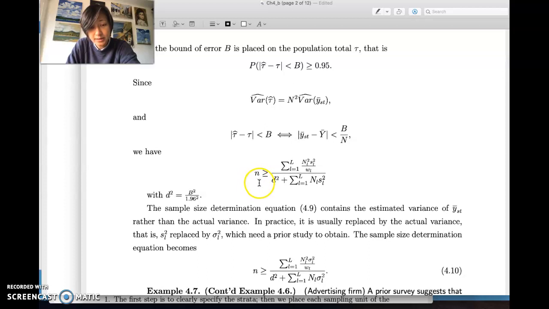n is now bounded by, again, the summation over each stratum of the variance terms.